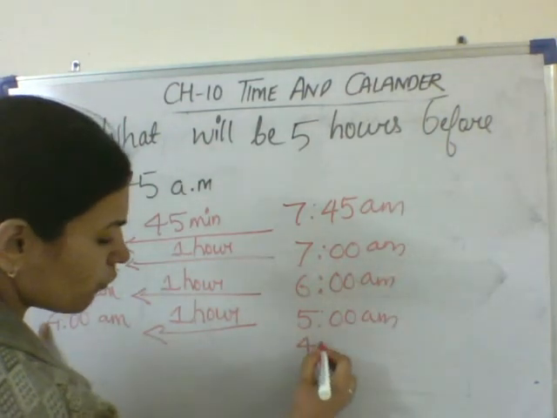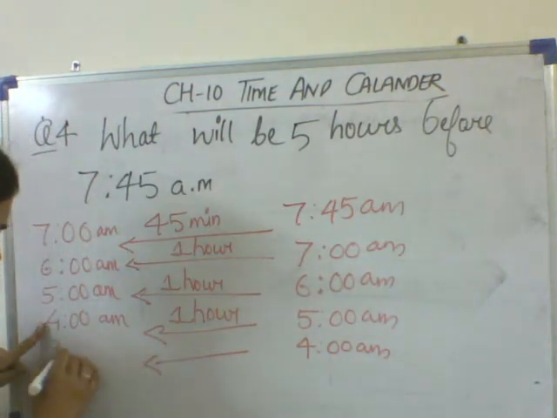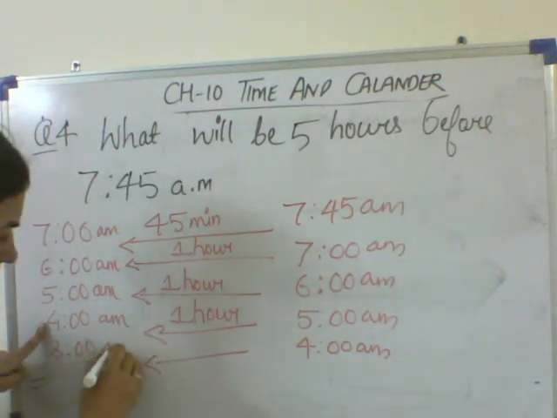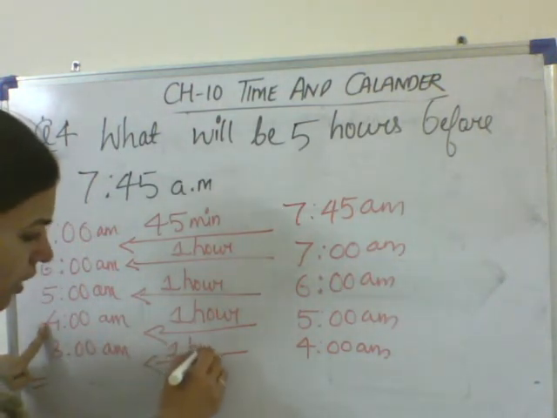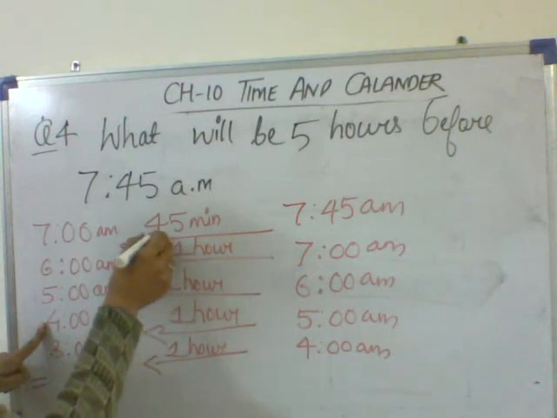Now from 4 a.m. to 3 a.m. again 1 hour. How many hours are there? 1, 2, 3, 4. 4 hours 45 minutes.